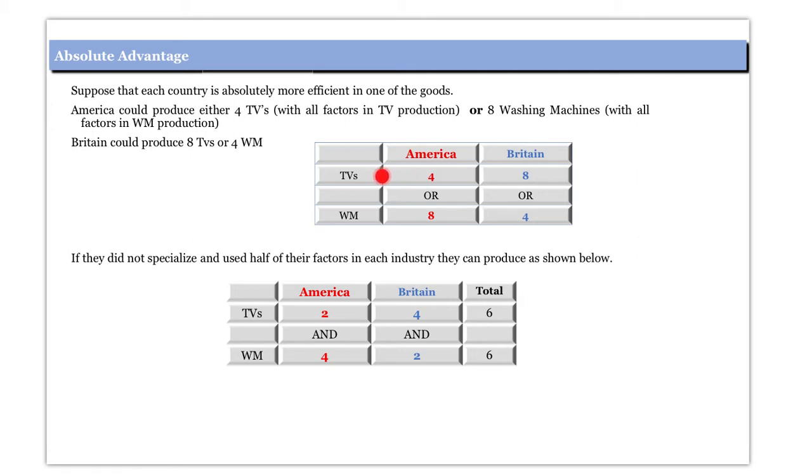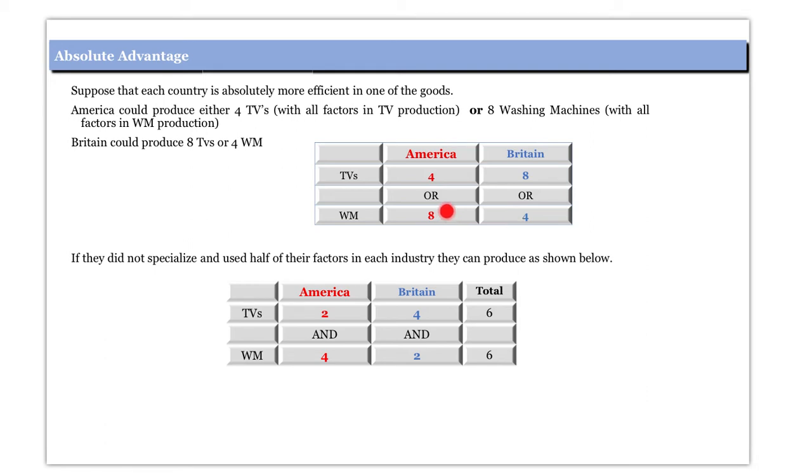They could have 4 televisions being produced with all of their factors, or they could have 8 washing machines. Britain, on the other hand, could produce 8 televisions, or it could produce 4 washing machines. In other words, when you look at this table here, you will see that Britain is much better at televisions, whereas America is better at producing washing machines.